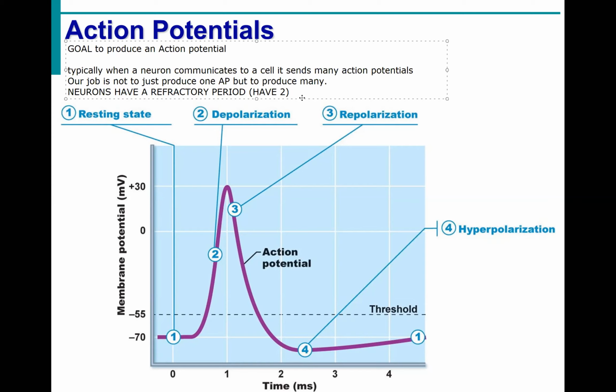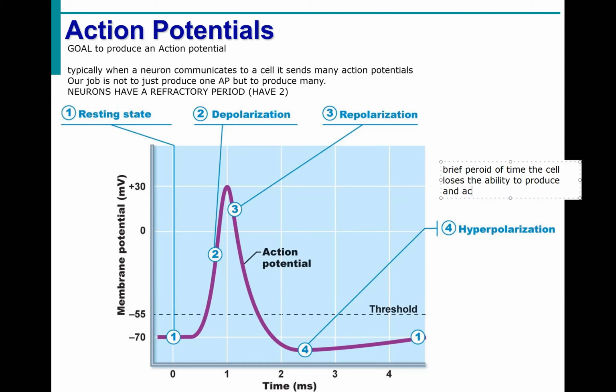Remember, refractory period, when we were talking about a muscle cell, we said for a brief period of time the cell loses the ability to produce an action potential. All right? And neurons have this as well.